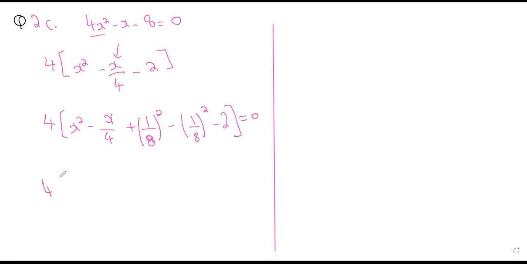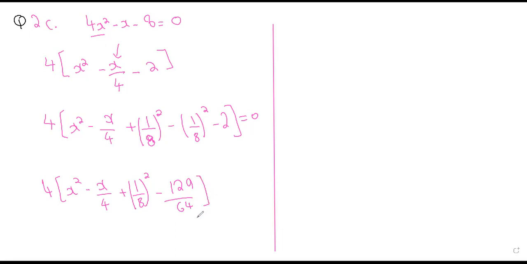So it would be 4 times x squared minus x by 4 plus 1 by 8 squared, and then we have minus 1 by 64 minus 2. So what are we going to get for that? Minus 129 by 64.